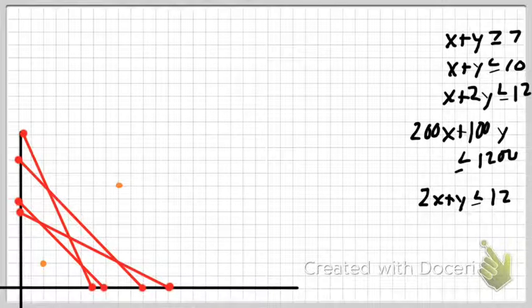Which puts our shade in there, in that little triangle. Those are our options. We had a lot of restrictions. Those are the only options based on time, money, and land availability, and our requirement that we plant at least 7 acres.